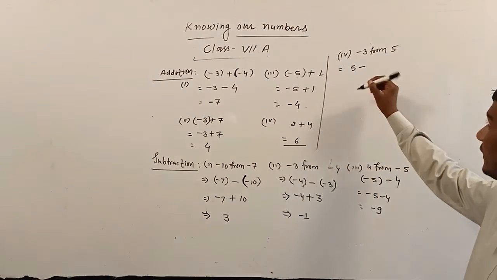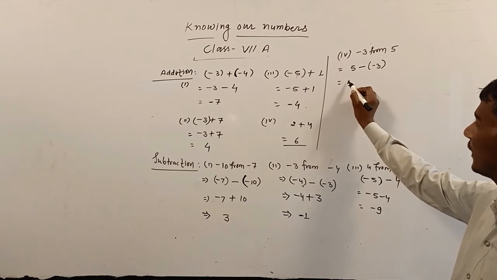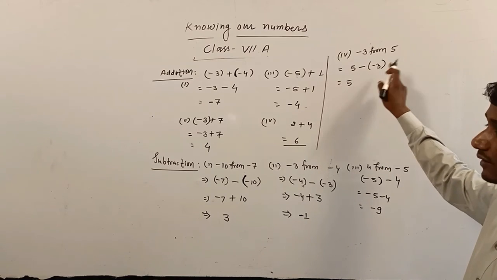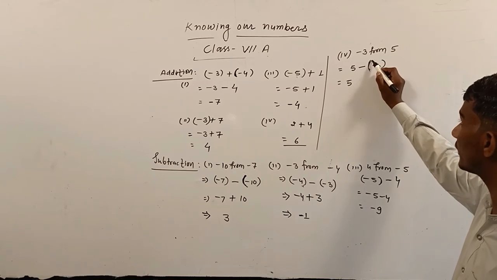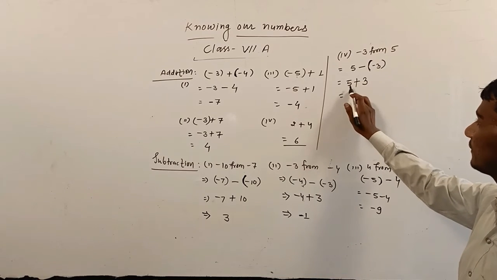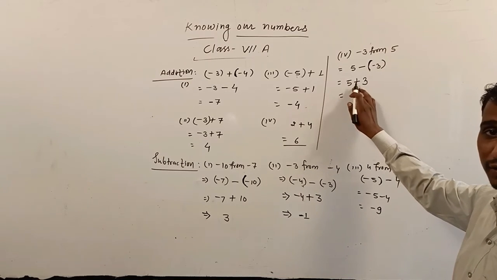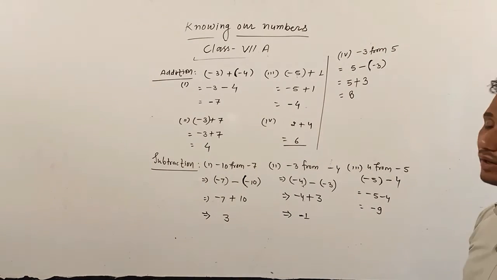Subtraction means negative sign, and after that we write minus 3. Now simplify it. Minus into minus, I told you, because it shows the product, we get plus. So 5 plus 3 means we are adding the numbers. So 5 plus 3 equals 8.